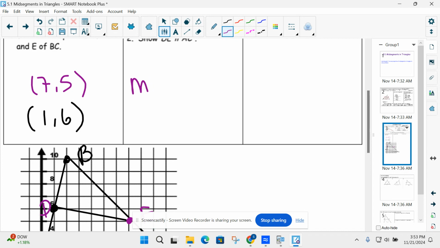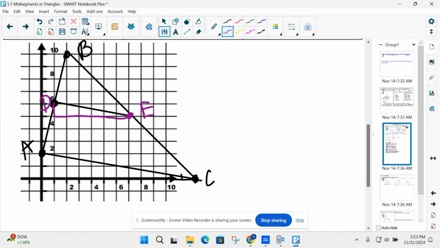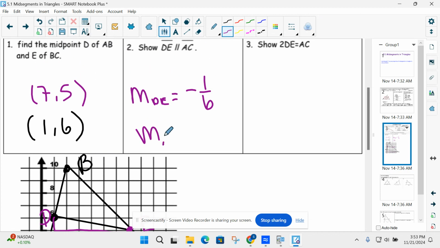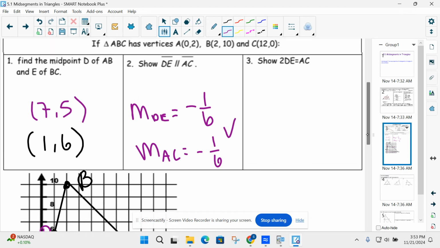The slope of DE, you're going down 1 and over from 1 to 7, so down 1 over 6. And AC is down 2 over 12, so that's negative 1 over 6. Since the slopes are the same, they are parallel.